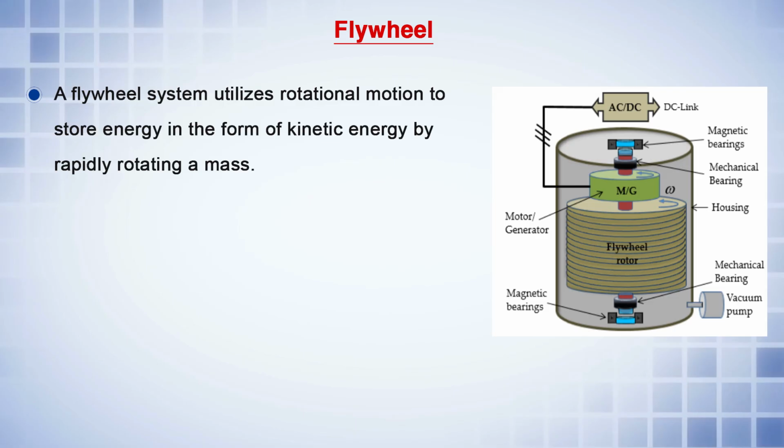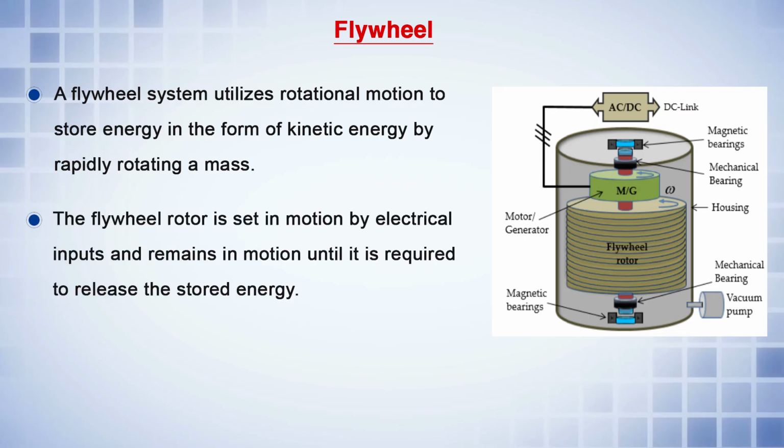As you can see in this picture, this is the typical picture of the flywheel. A flywheel system utilizes rotational motion to store energy in the form of kinetic energy by rapidly rotating a mass. A flywheel rotor is set in motion by electrical input.